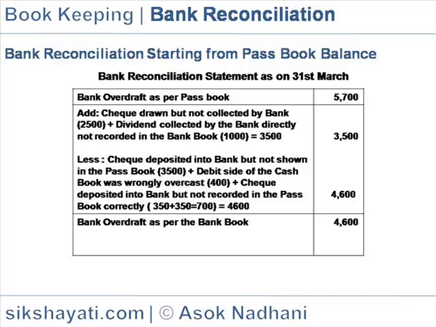So that makes a total of 4,600 to be deducted. So the bank overdraft as per bank book comes to rupees 5,700 plus 3,500 minus 4,600. So that comes to rupees 4,600.